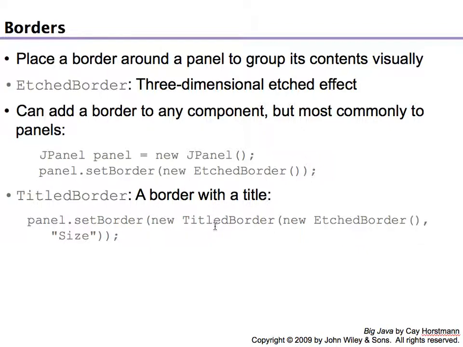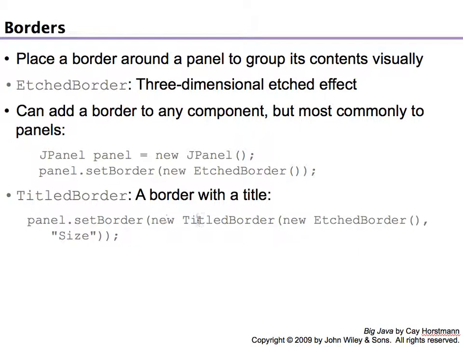Here we're using anonymous classes to create a titled border that wraps the etched border object with the title size, and then you set the border for the panel to the object that got created here.